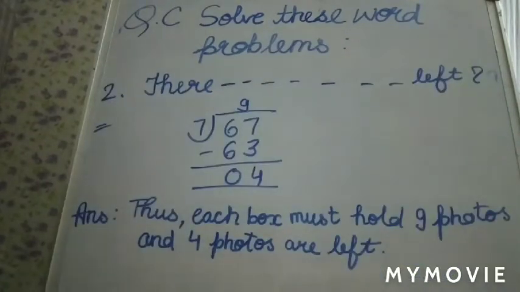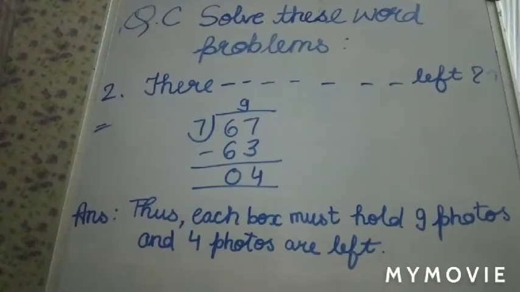The second question is: there are 67 photos. They have to be packed equally in 7 boxes. You have to find each box must hold dash photos and dash photos are left. This is the question. So you can see on the board that for this you have to divide 67 by 7.